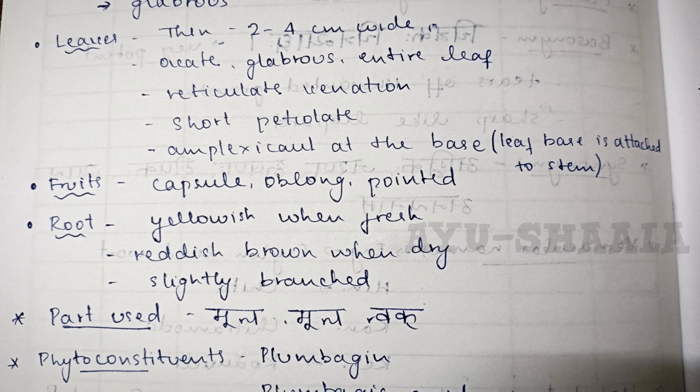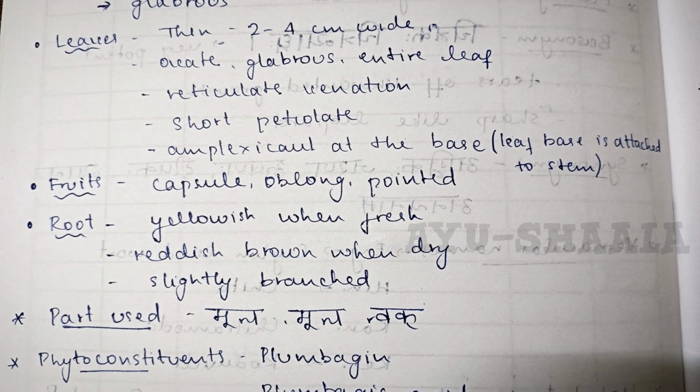Then the root. It will be yellowish when fresh and reddish brown when dried, and the roots are slightly branched. Now the part used: Moola, that is root, and Moolatwak, that is root bark.